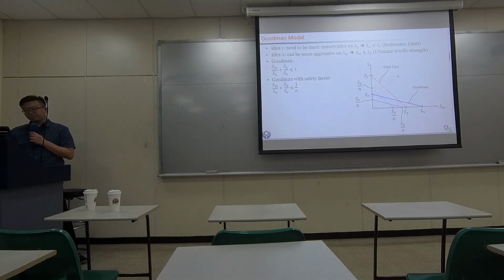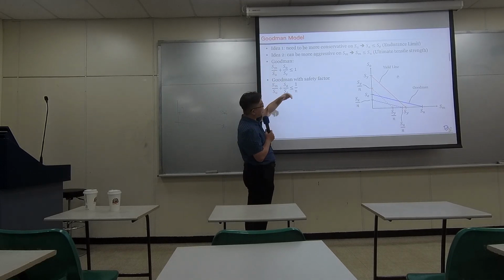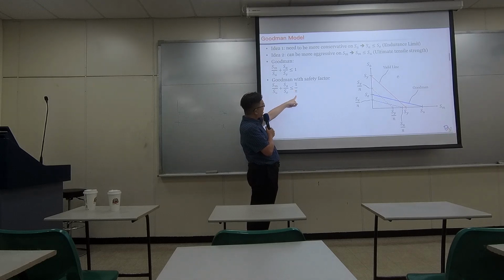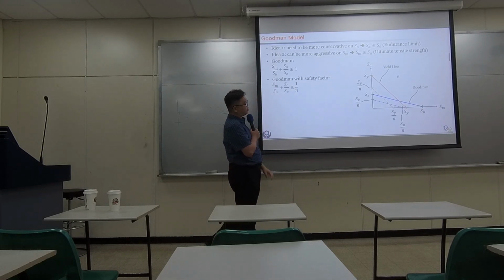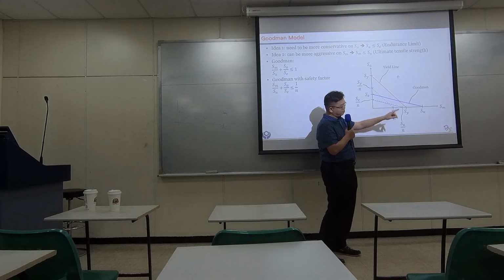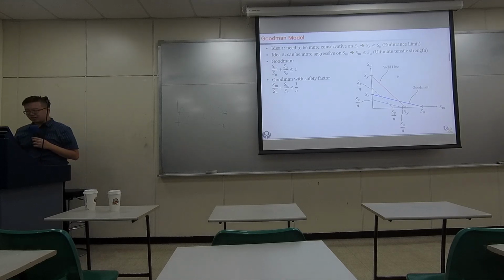That's the model. So once you have this equation, if you want to apply safety factor, all you need to do is to have n on the right-hand side of your equation. Then you will get this dashed line right here. Okay? Now, there's another person, Soderberg.